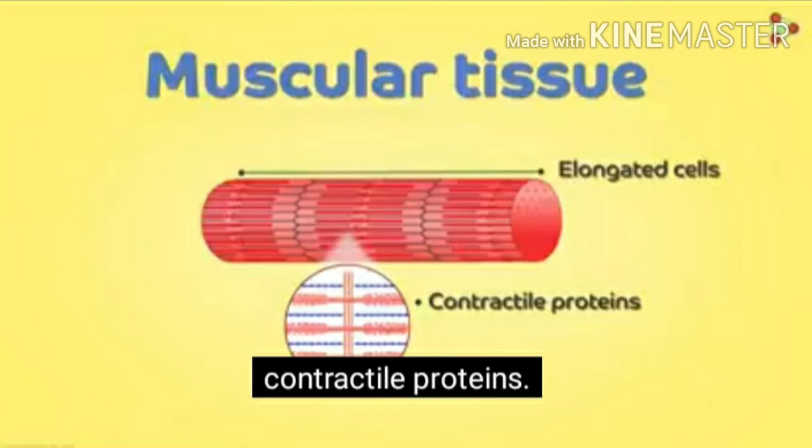Sarcoplasmic reticulum that can store what? Calcium. Muscles contain contractile proteins, special proteins that contract and relax to cause movement. Therefore, they are also known as contractile tissues.